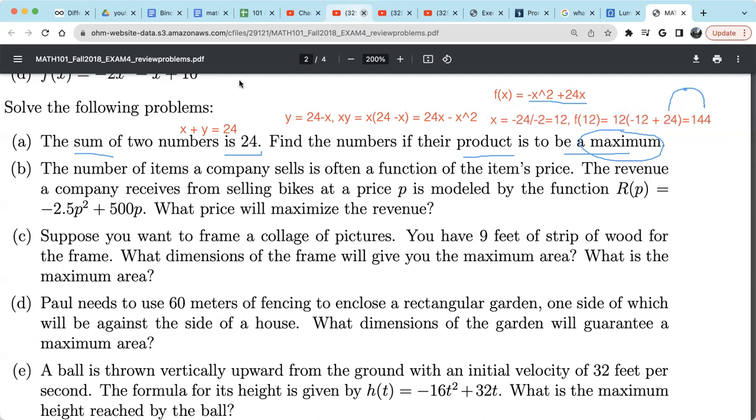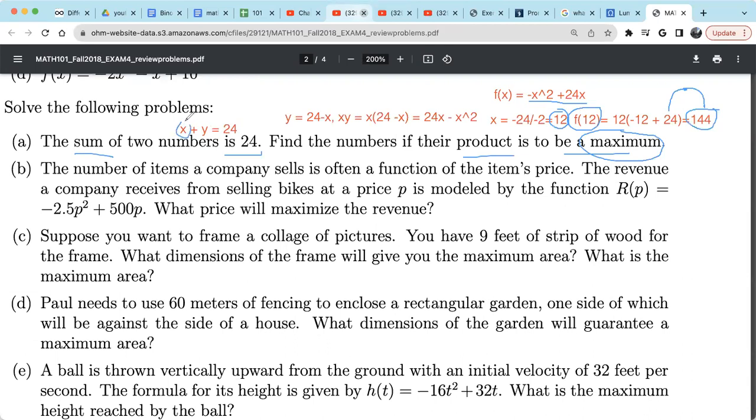So how do we answer the question? We don't need to graph. It said, find the numbers if their product is to be maximum. Do you see? I have found the product to be maximum. At the vertex, when the x value is 12, the maximum product is 144. So if x is 12, let's go back.